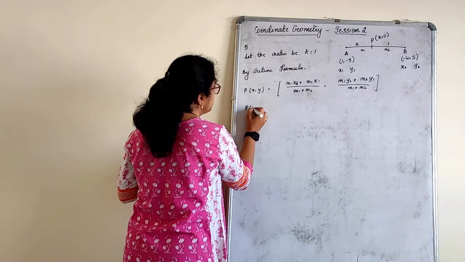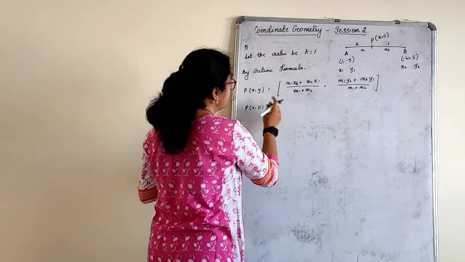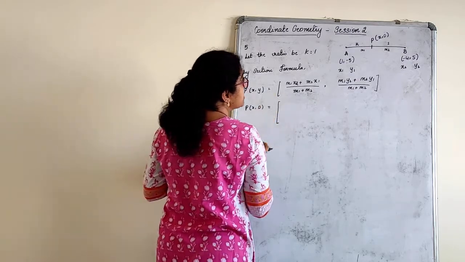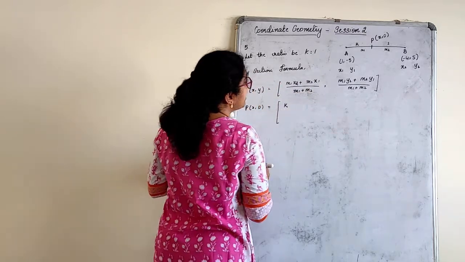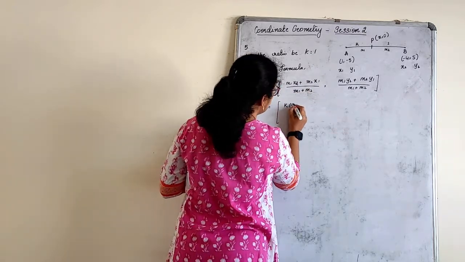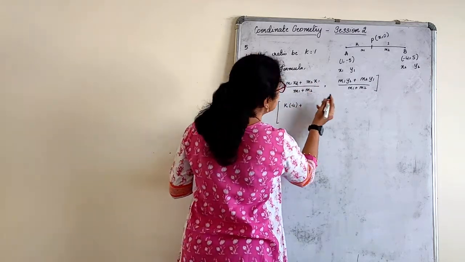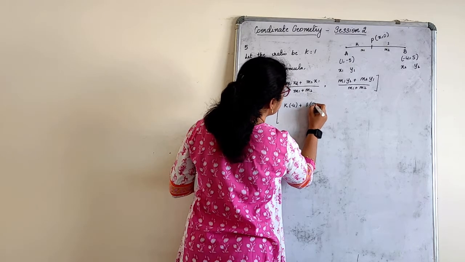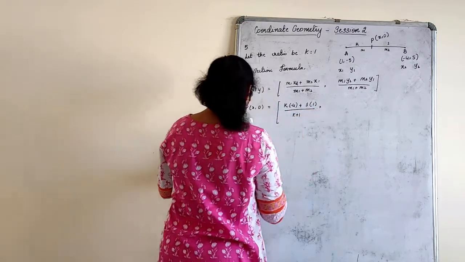So P (x, 0) is equal to, whatever the values. What is m here? m1 is nothing but k, into x2, x2 is minus 4, plus m2, m2 is 1, into x1, x1 is 1, divided by k plus 1, comma.